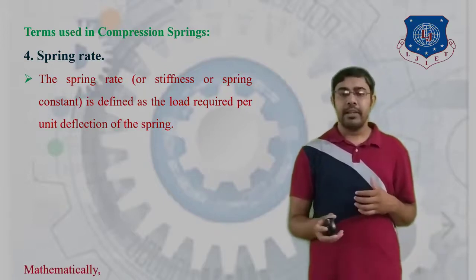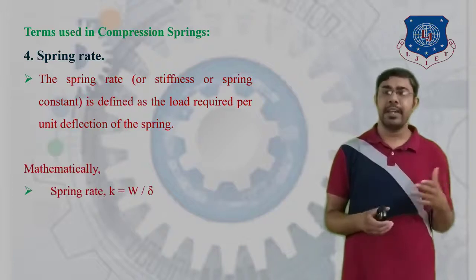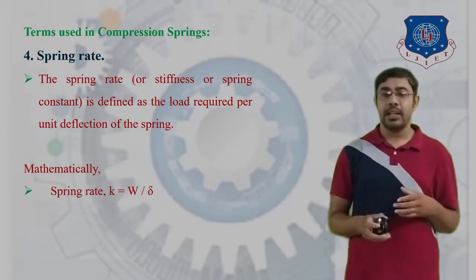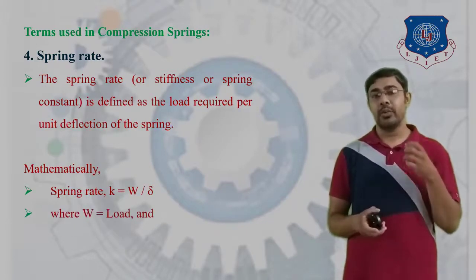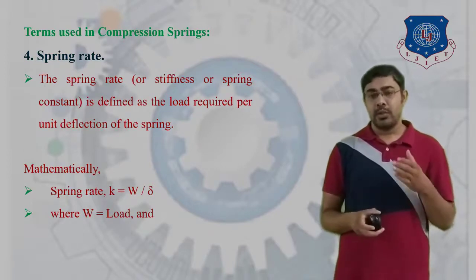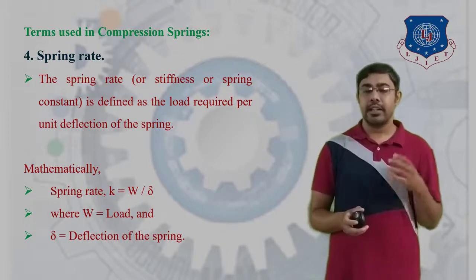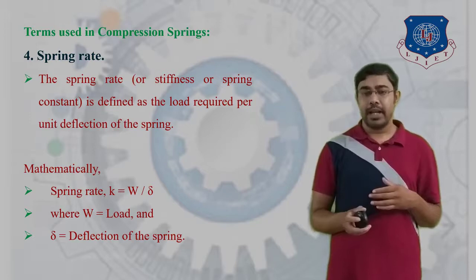Mathematically, spring rate K, or stiffness of spring K, is equal to W by delta. Here W is the load required to deflect unit length, and delta is the deflection of the spring. So K is W divided by delta.